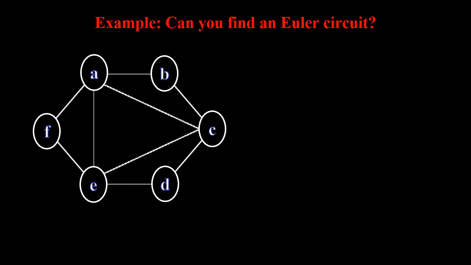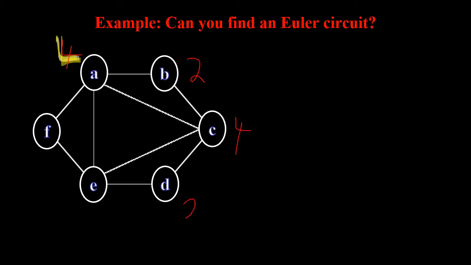If we look at this graph, does it have an Euler circuit? So we have to check the vertices. The degree of A is 4, and the degree of B is 2, while this one is 4.